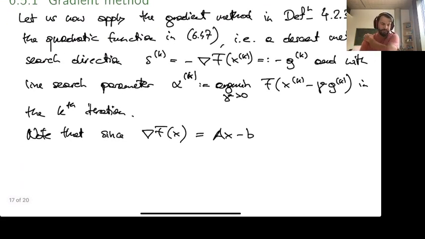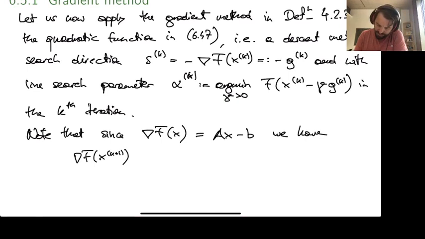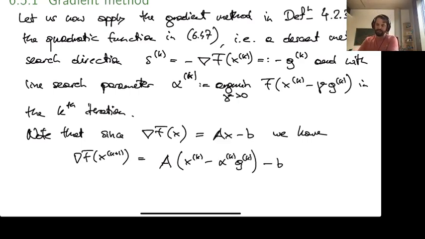So we can work out the gradient at the next iteration, so grad f of xk plus 1 is equal to A times xk minus alpha k gk, minus b. Just substituting the iterate of the steepest descent method.